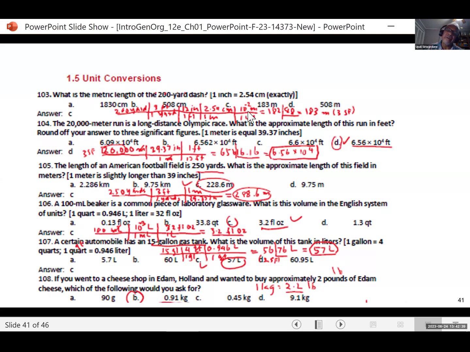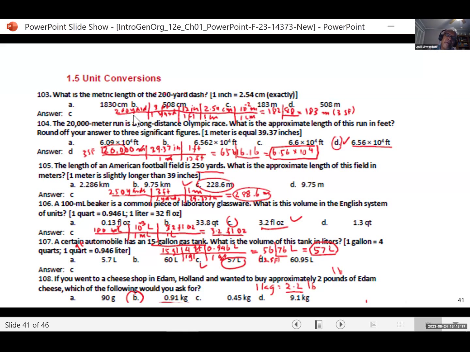Centimeters converted to meters. Then you do the calculation and end up with the correct unit, meters. To get the number part, you multiply these 4 numbers and divide by the denominators, which are all ones. Once you multiply those, you get 182.